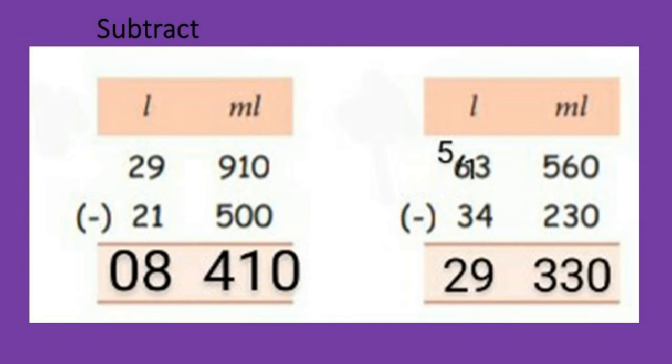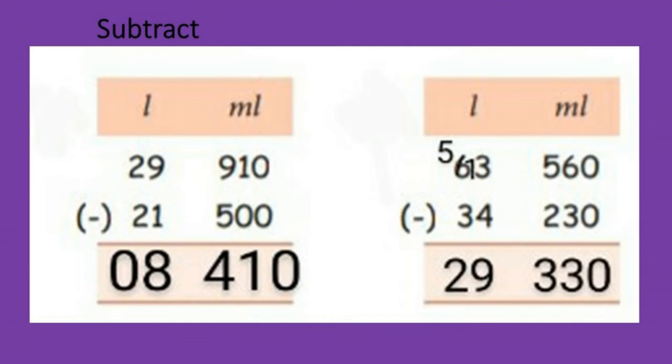So we have to arrange the numbers and then do usual subtraction. 0 minus 0 is 0, 1 minus 0 is 1, 9 minus 5 is 4, 9 minus 1 is 8, 2 minus 2 is 0. So we can get the answer 8 liters 410 milliliters.